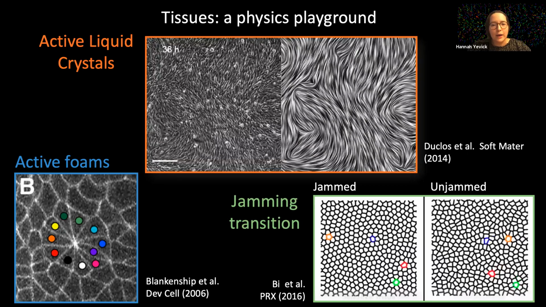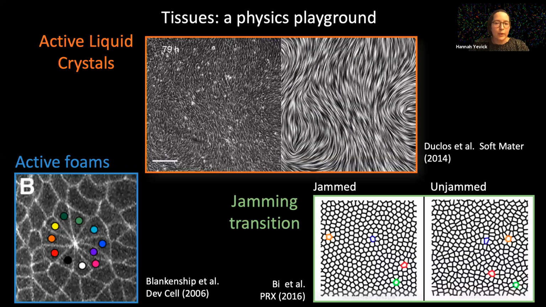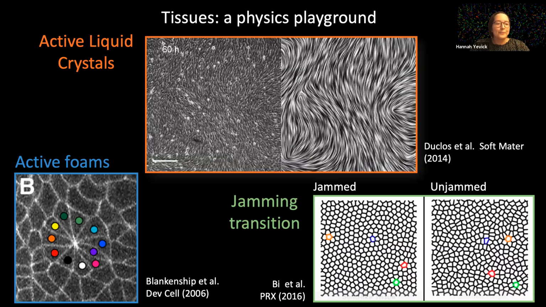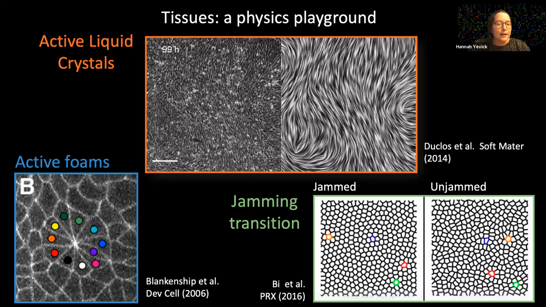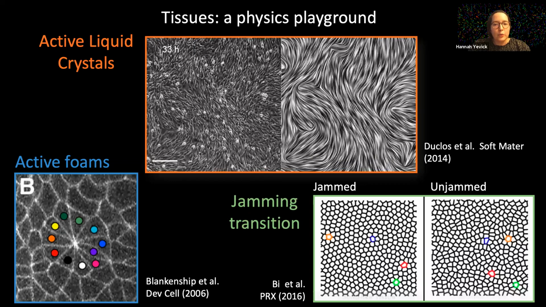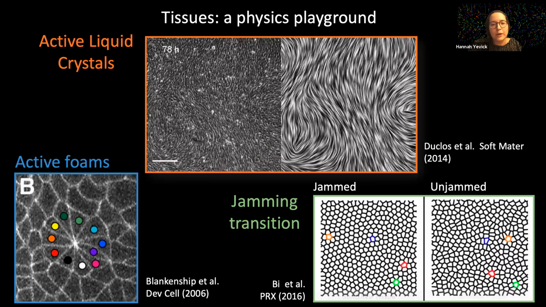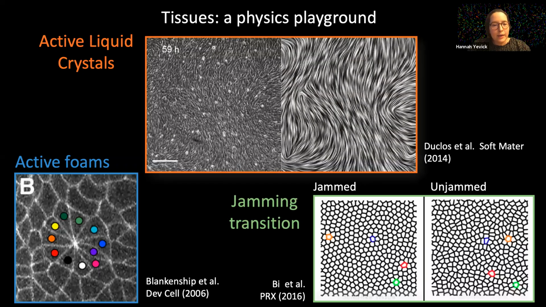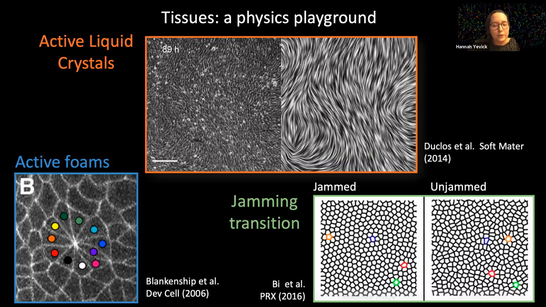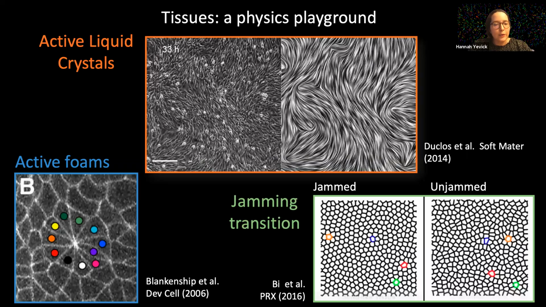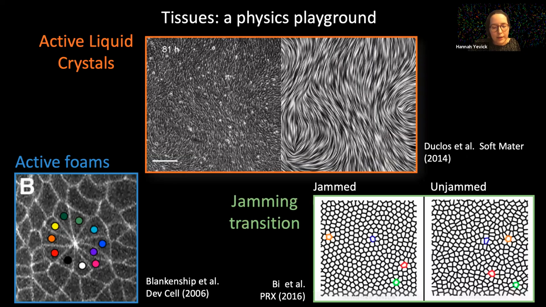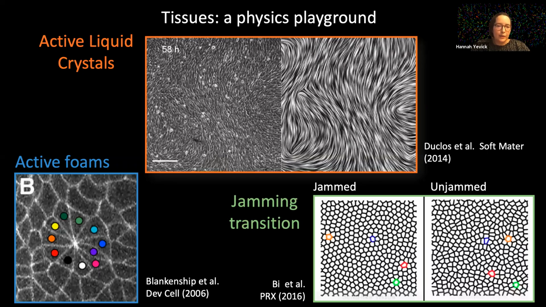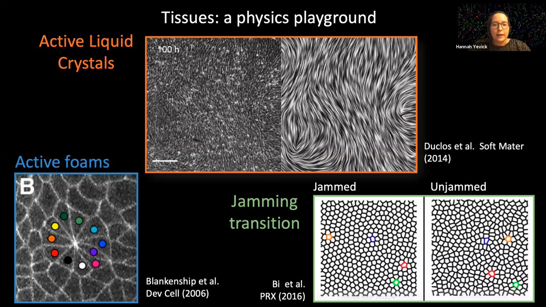In cases where cells organize more like foams, there's been observed interesting packing of cells that you wouldn't expect in an equilibrium configuration, or novel neighbor exchanges. And finally, in cases where cells organize more like a granular material, they can undergo jamming and unjamming depending on the stage throughout the course of development.